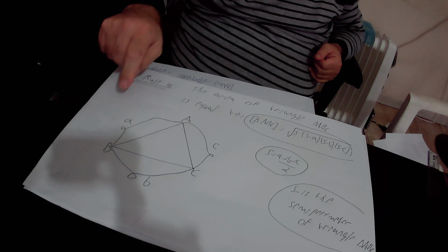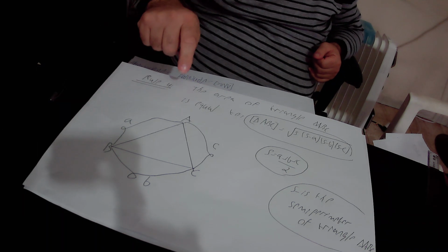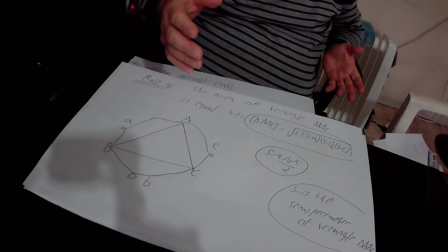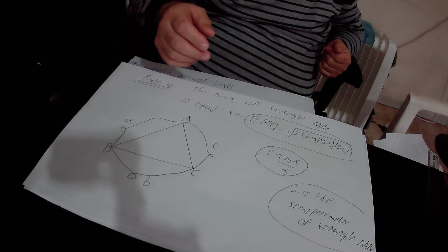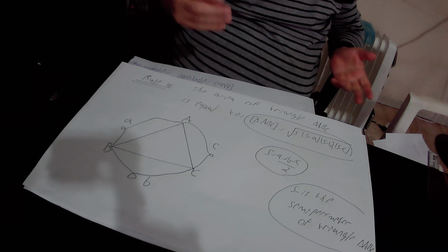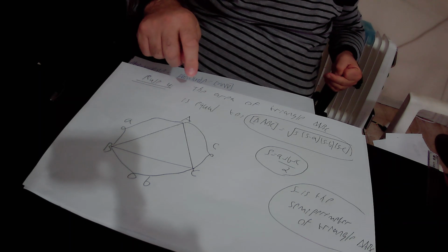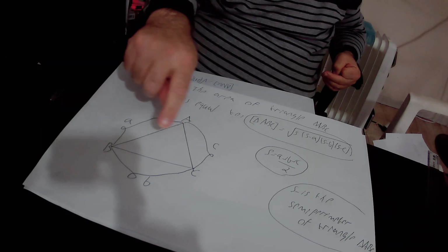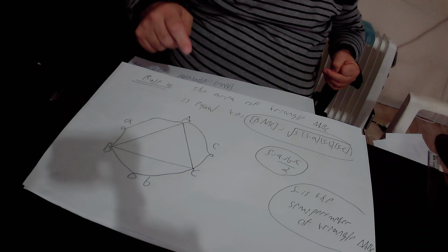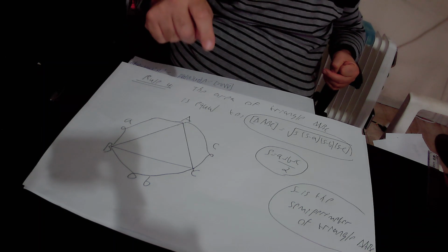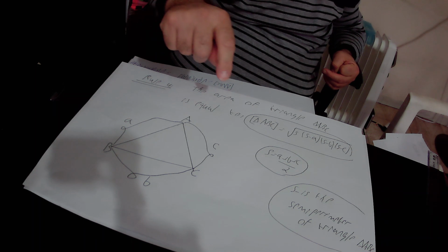S is the semi-perimeter of this triangle. The semi-perimeter of any triangle equals the perimeter over 2. And the perimeter of any triangle is the sum of its side lengths. When we divide the perimeter by 2, we get the semi-perimeter.